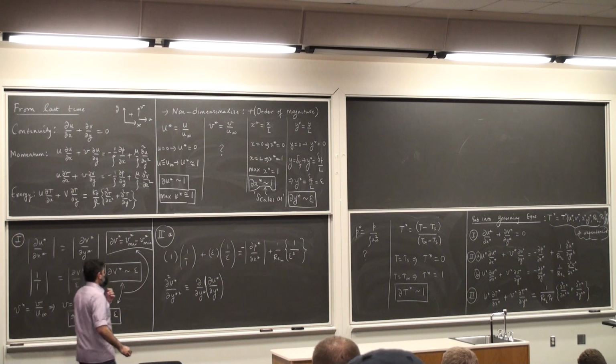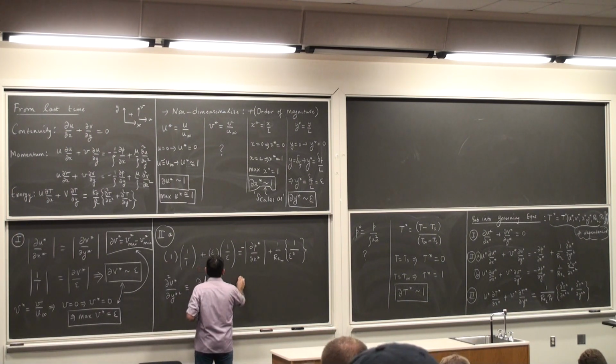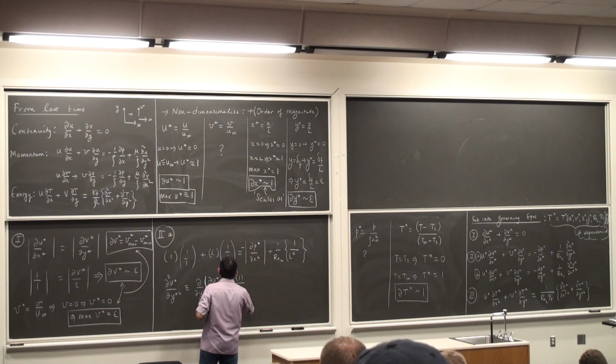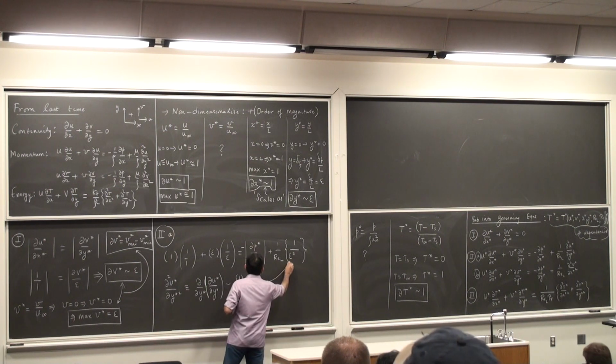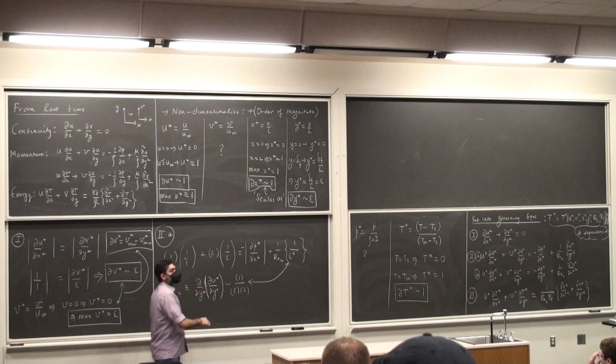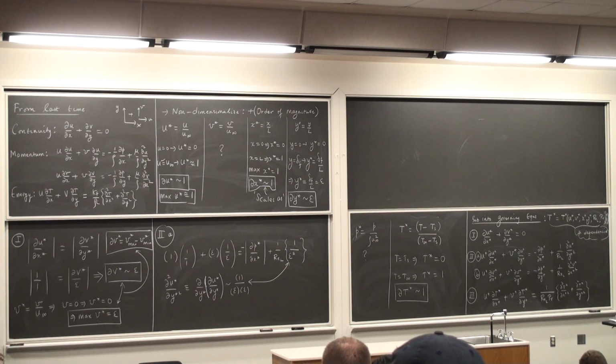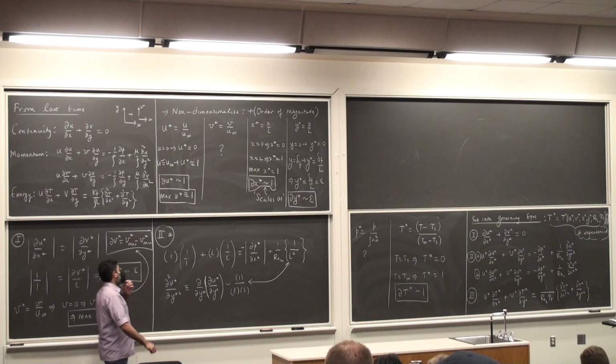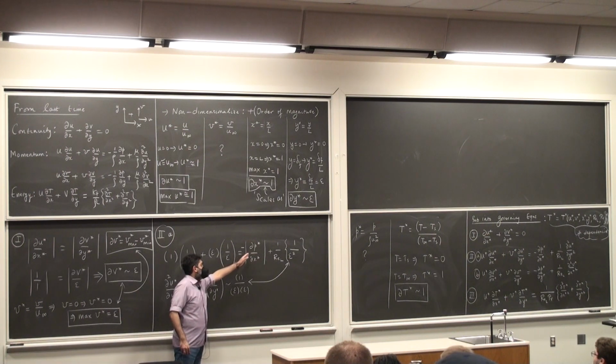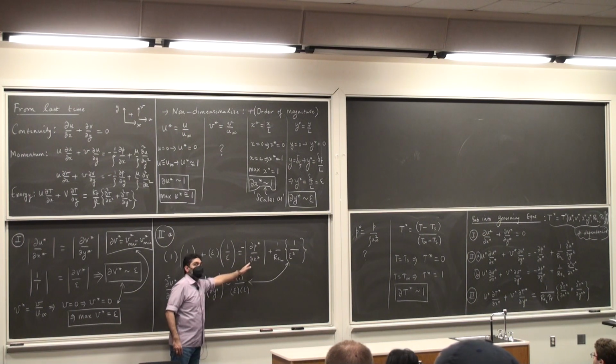Okay, so we are looking at the scalings of these things, which is fed in there. So if this is the case, then all I need to do is to look at the scaling of dp star by dx star, I need to look at the right hand side.